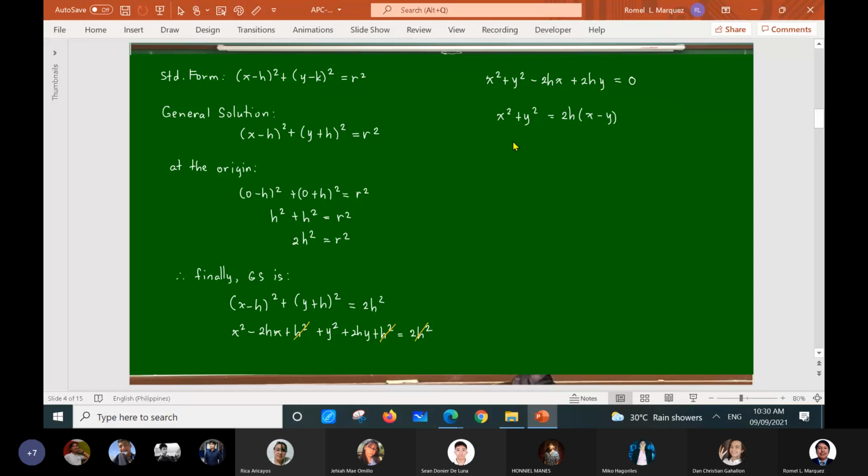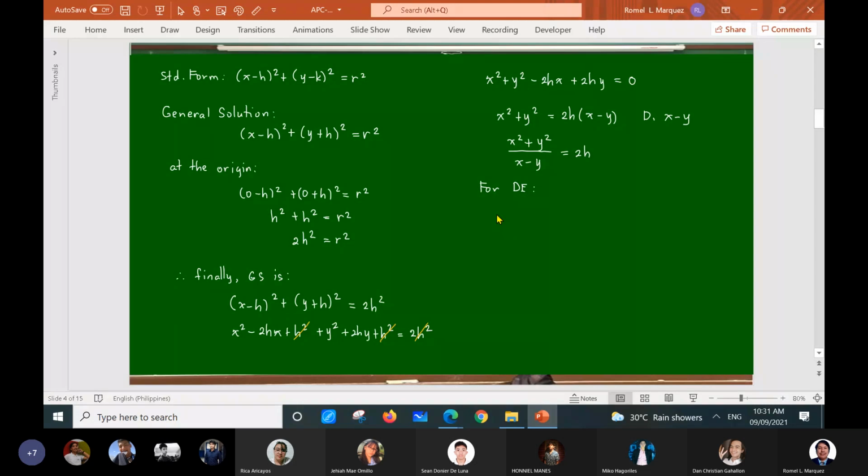So dividing by 2h, meaning we divide by x minus y, we get x squared plus y squared all over x minus y is equal to 2h, so that we can easily eliminate the h. We call this the isolation of constant method. Okay? So for the DE, we now differentiate, guys.